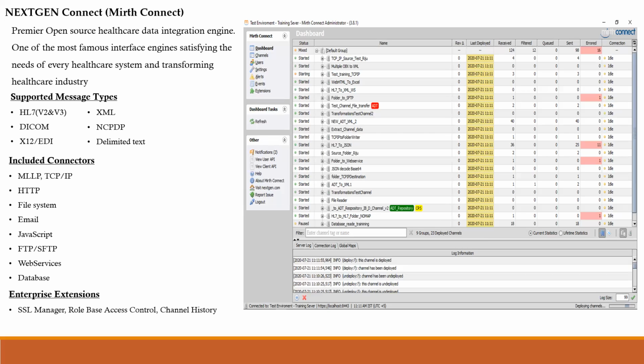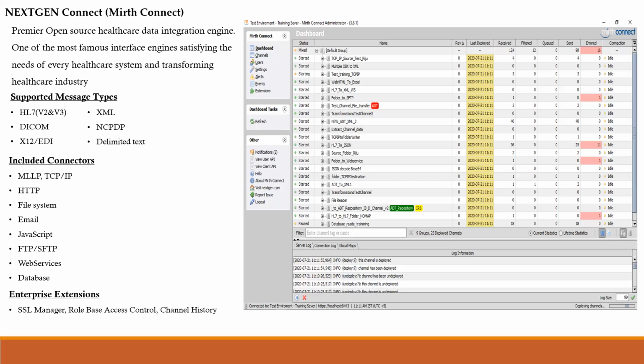Features like SSL manager. What is SSL manager? Basically, whenever you are hosting a service or whenever you are interacting with a RESTful service or web service, it needs to be bound by an SSL certificate. If you do not bind a service with the help of an SSL certificate, it may shoot up an error if you are using two-way TLS connections.